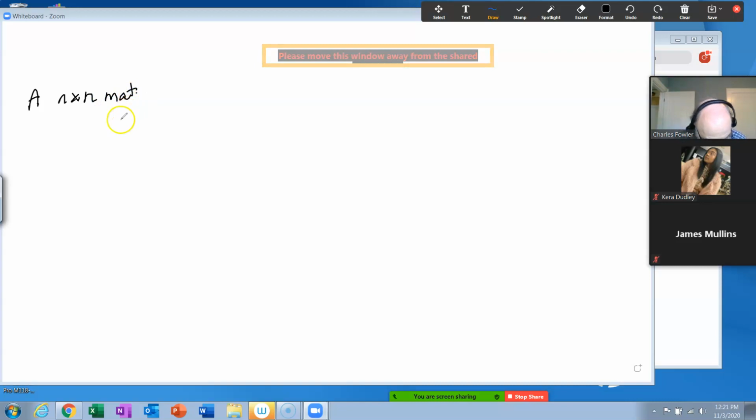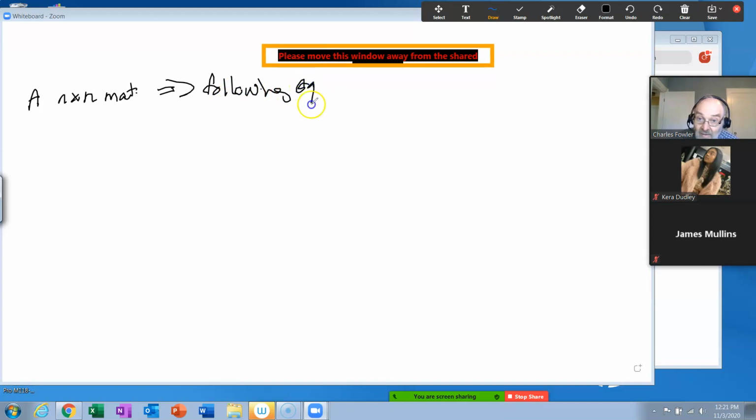Okay. A is an n by n matrix. Then the following conditions are all equivalent. Number 1: A is invertible.